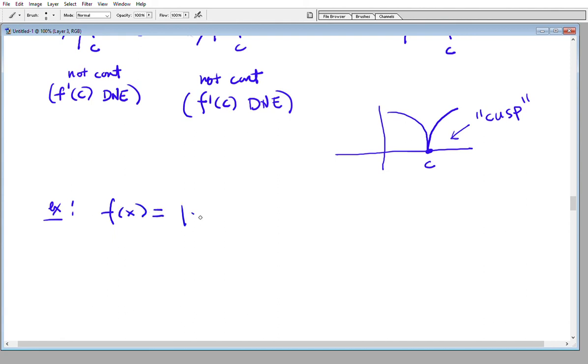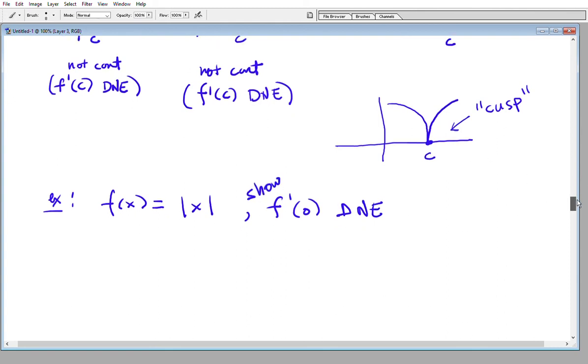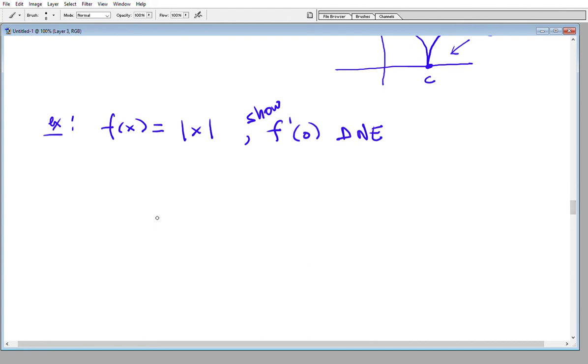A specific example, absolute value of x. We want to show that f prime of 0 does not exist. By actually going through the definition, pretty simple to go through the definition, but let's do it. Here's f of x, equal to absolute value of x.